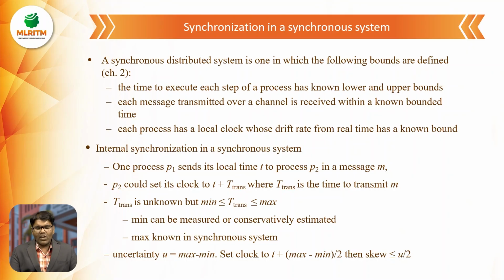T_transmit is unknown, but min is less than or equal to T_transmit, which is less than or equal to max. The minimum can be measured or conservatively estimated, and the maximum is known in a synchronous system. The uncertainty u is max minus min.